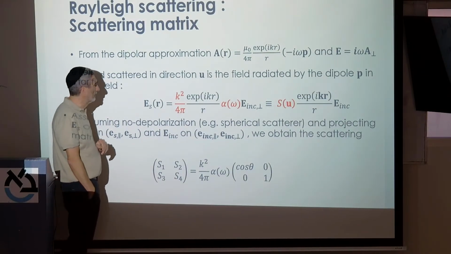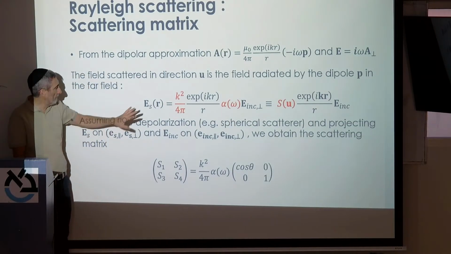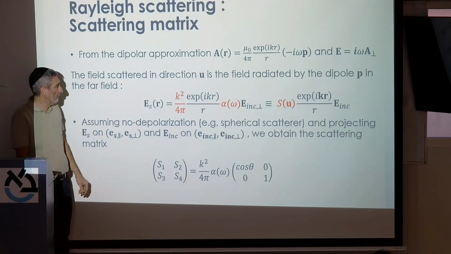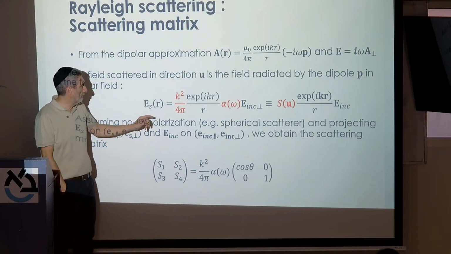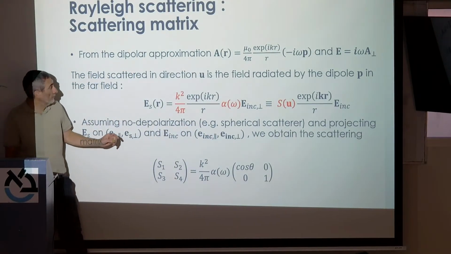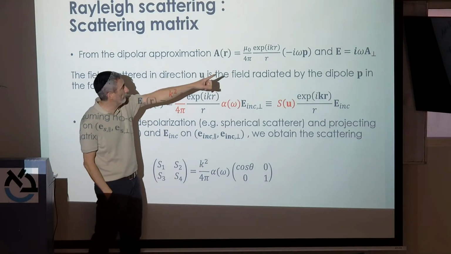So we have here the expression for the scattered field that we calculated today. This is using P. Where is P? Oh, here. So we replace A.